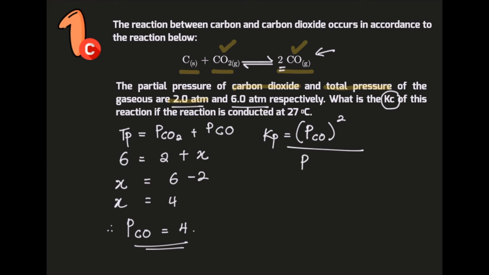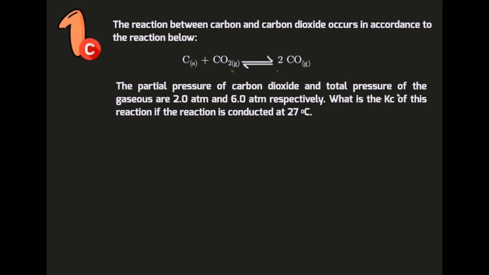So pressure of carbon dioxide, because carbon dioxide is just 1, so it's just 1. So why don't we consider carbon? Because carbon is in solid form, therefore we don't need that. So from the calculation just now, the partial pressure of carbon monoxide is 4, so 4 to the power of 2, and from the question you know that the partial pressure of carbon dioxide is equivalent to 2. So you shall get your Kp equivalent to 8.